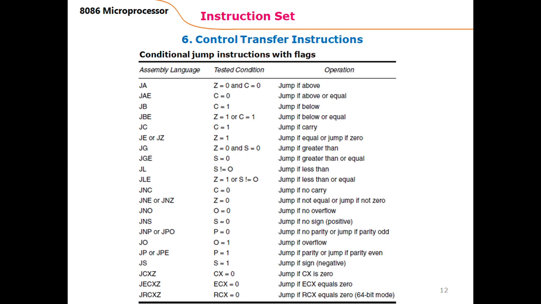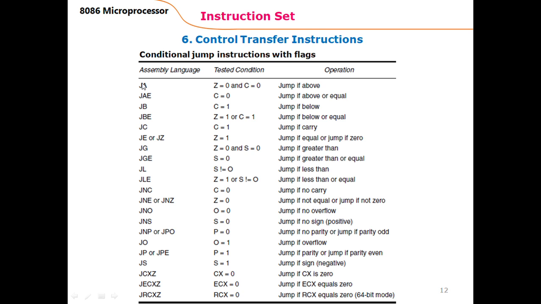The alternates are not mentioned here, but here we have the assembly language instructions, in this column we see the flags that these instructions test, and here is a small explanation of the operation that these instructions perform.